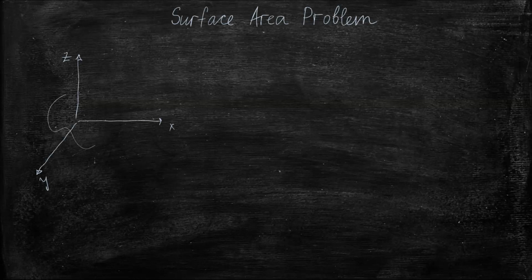So let's just draw some three-dimensional object here. It's really hard to draw a generic object, but whatever that object is, it has the inner part of itself that can have a volume, and the surface, which is kind of the outline of the object, and the surface has the area.